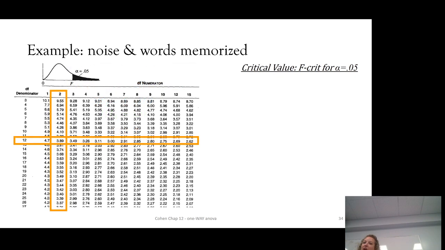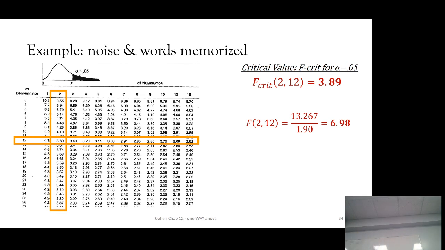Okay? So I would go to my table. 3 groups means we go numerator degrees of freedom 2. 15 minus 3 degrees of freedom 12. There's my critical value. The critical value is 3.86.